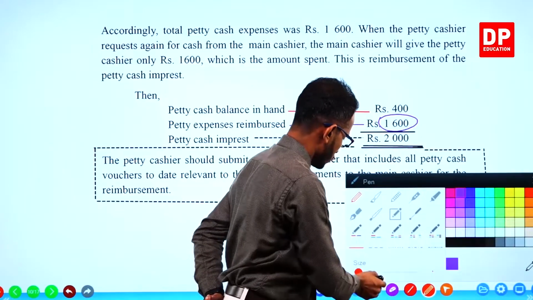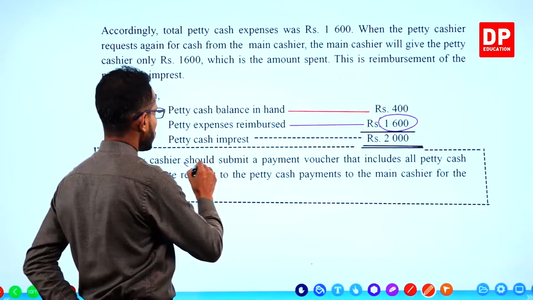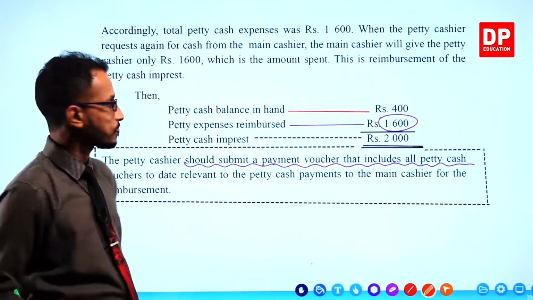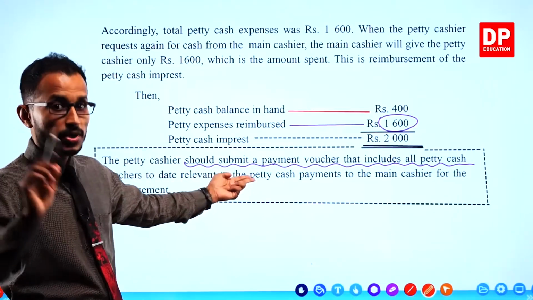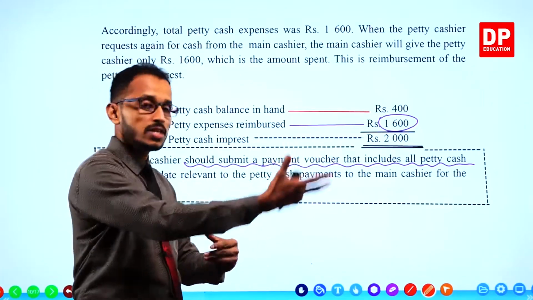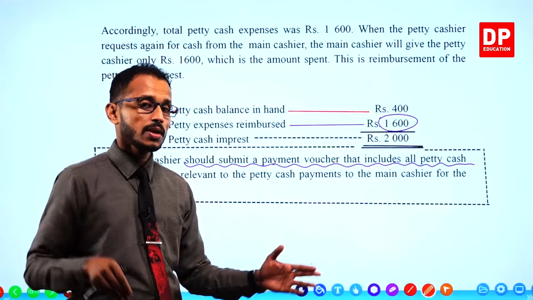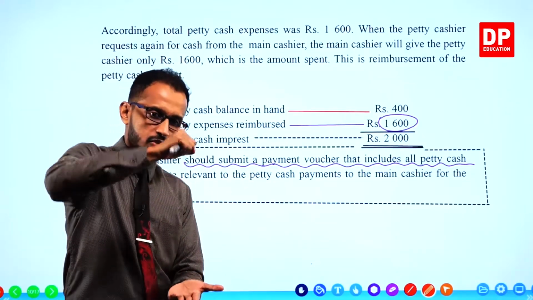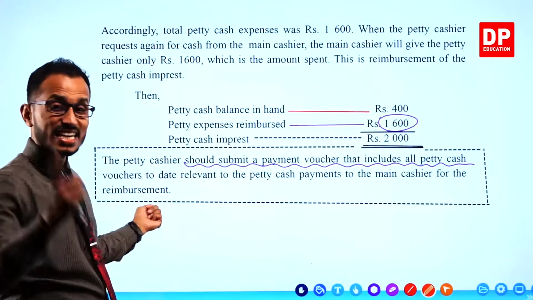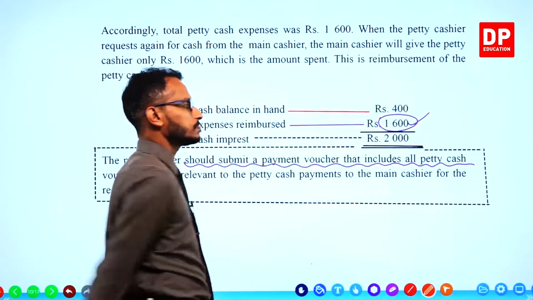Up to date, all the petty cash vouchers which he issued for different expenses during the month, up to 31st, end of the month, all the vouchers, all the bills should be filed and handed over to the main cashier. Then only the main cashier reimburses that amount which is spent.